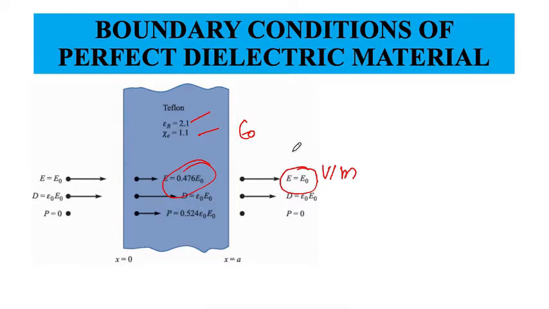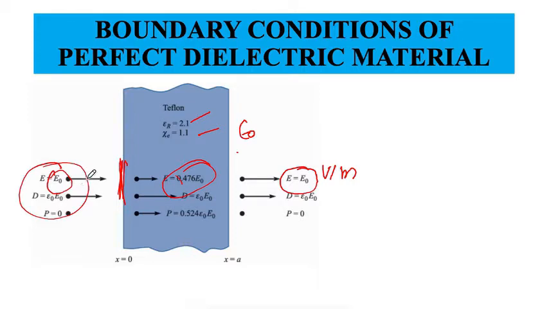The electric field outside of the Teflon is essentially the same electric field, going inside, a uniform electric field with a strength of E naught volts per meter. What about inside? Now look at this lower boundary. In this boundary the electric field is coming in normal.